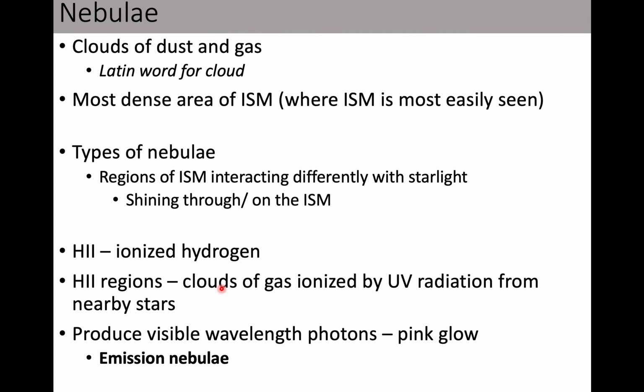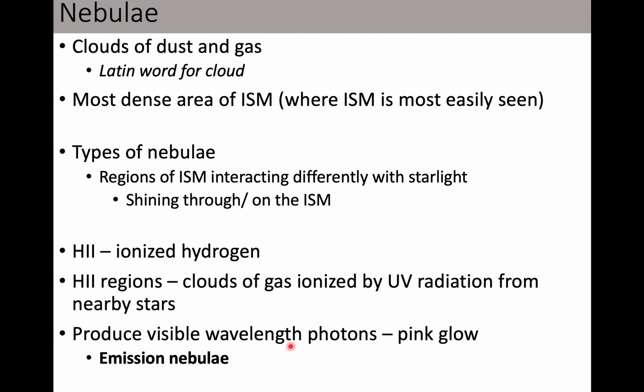The reason that the hydrogen in the ISM can be ionized is because of the radiation from nearby stars.